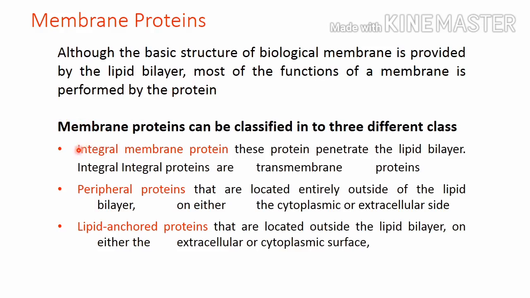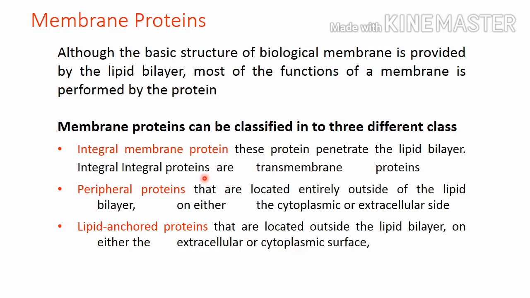So these proteins can be classified into three groups. First is integral membrane protein. These membrane proteins penetrate the lipid bilayer, and integral proteins are transmembrane proteins. It means they pass from one end or one phase of the membrane to another phase. Another category is peripheral proteins, which are present only towards one phase of the membrane.